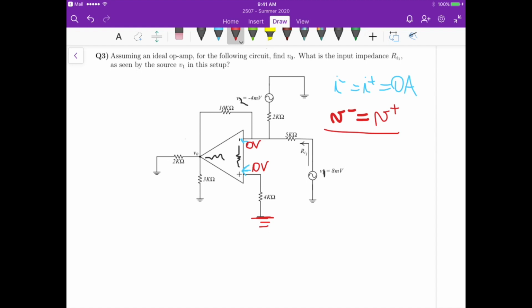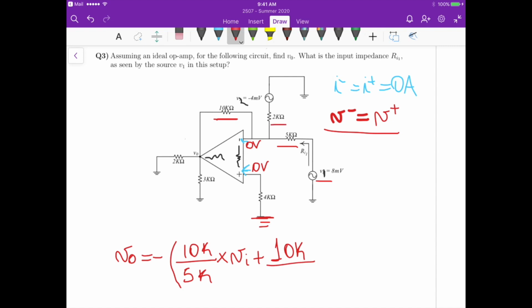The relationship between output and input is: minus, 10k, which is the feedback resistor, divided by this 5k, times the first input, plus the feedback resistor again, 10k divided by the 2k, times the second input. That's the equation for the output voltage.